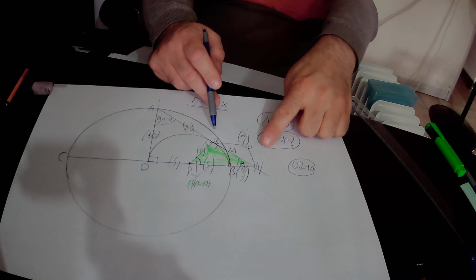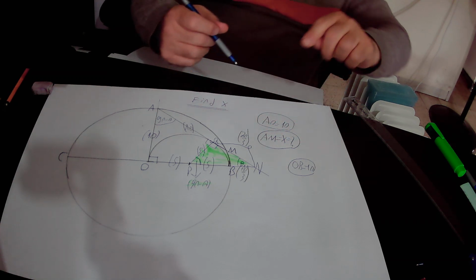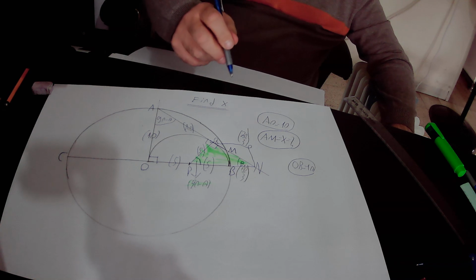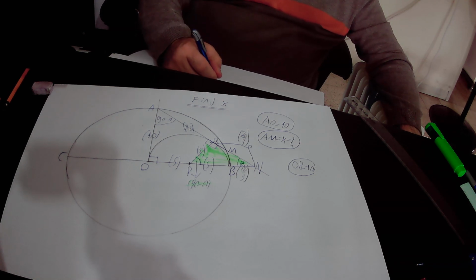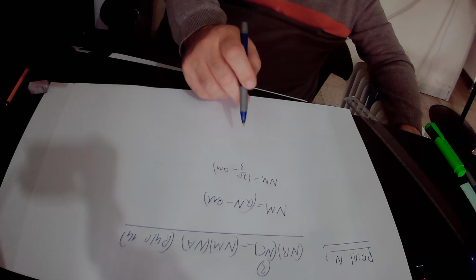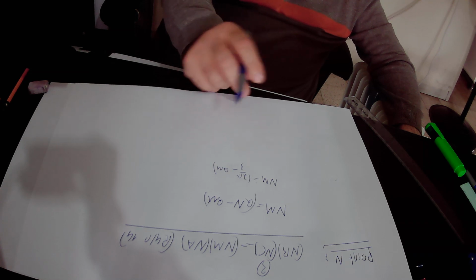QN equals 20 over 3, so NM equals 20 over 3 minus QM.